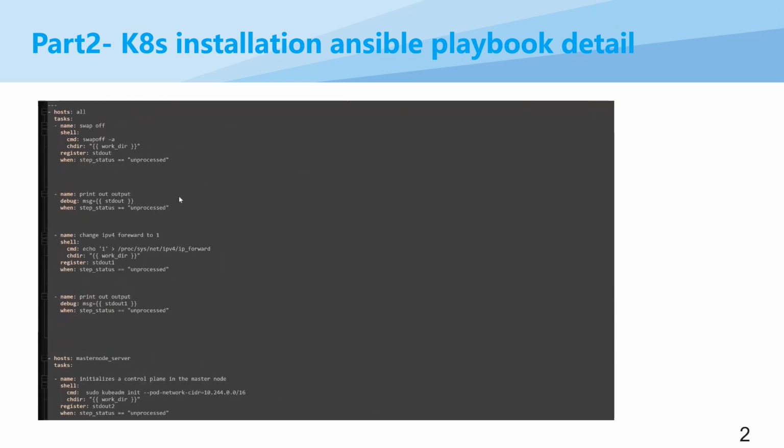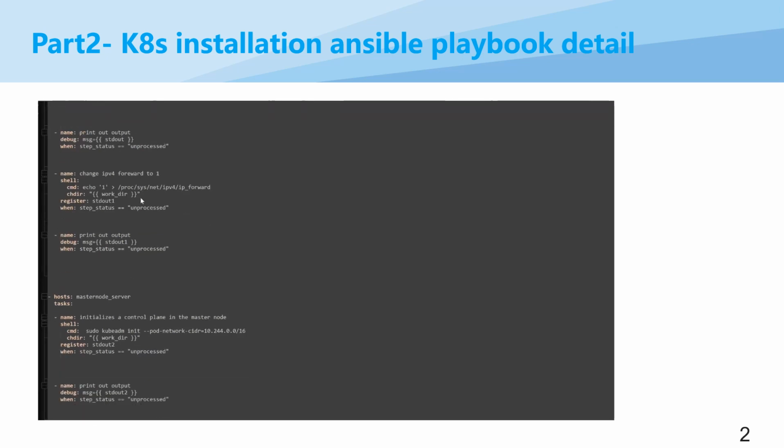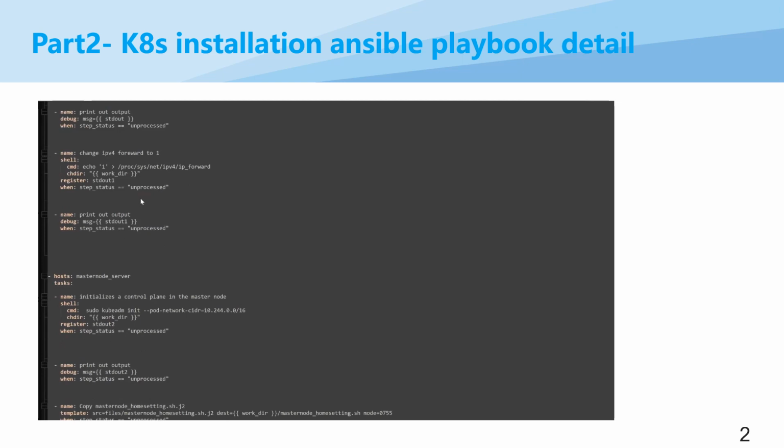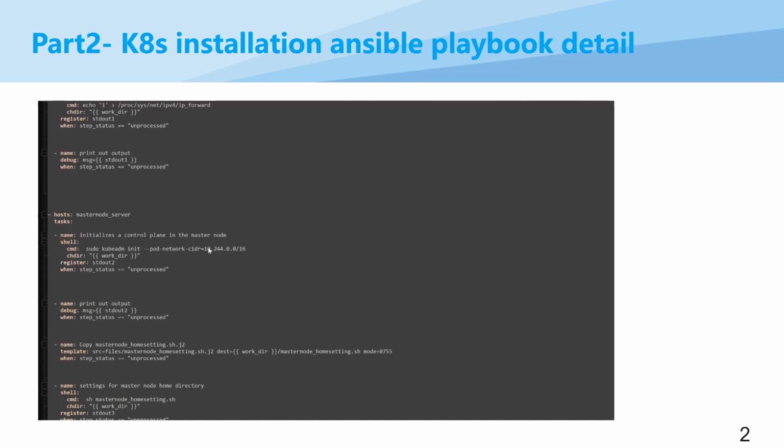Because we also need swapoff, we will then change the IPv4 forward parameter to 1. And at the master node, we initialize a control plane using this sudo kubeadm init, and you can see the subnet.